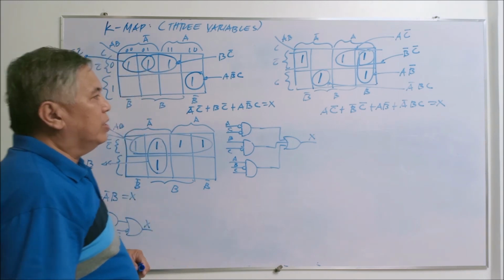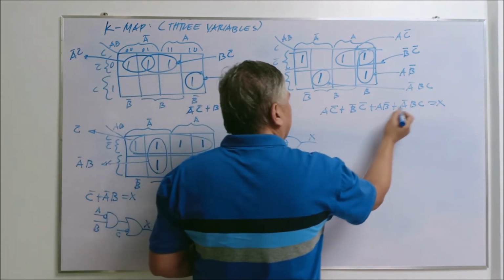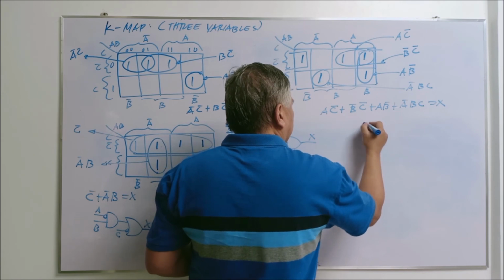So what will be our logical circuit? You have 1, 2, 3, 4 AND gates.